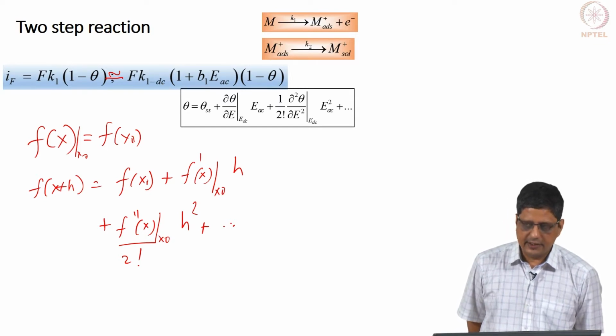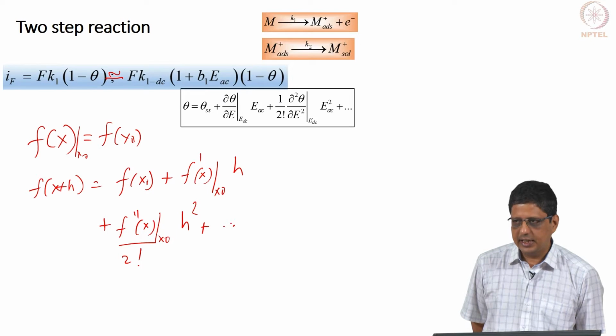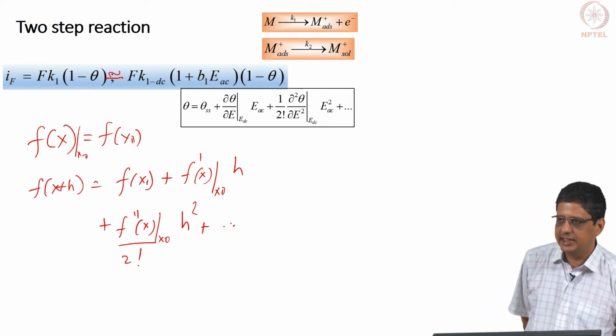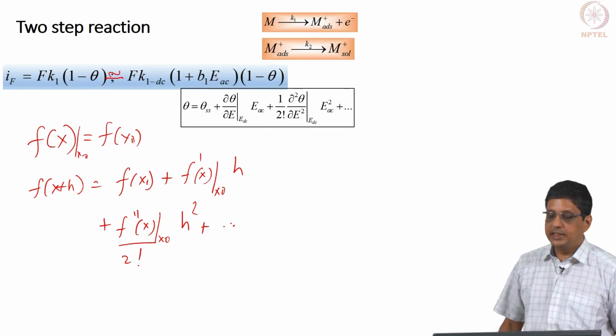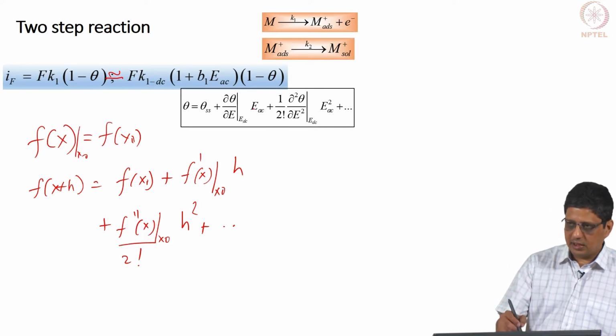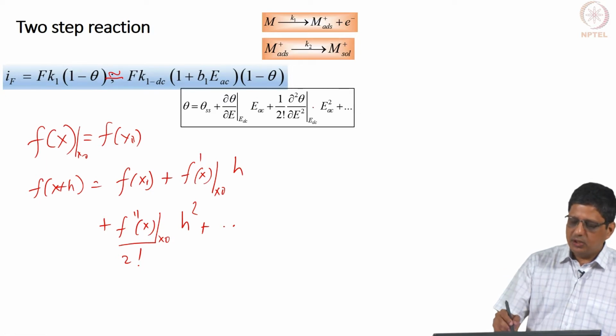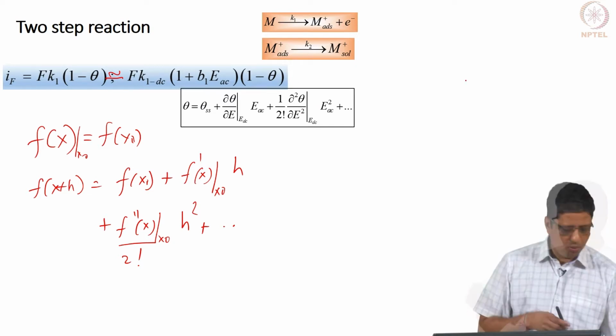So, here theta is the function, we will write theta at steady state plus first derivative evaluated at x0, here it is EDC, small change we are going to write it as EAC. It is still a variable, but we are going to just use the same formula here. EAC is not a constant, by the way, EAC is EAC0 sin omega t. Then 2 factorial, second derivative EAC square and so on, it is going to have more derivatives.